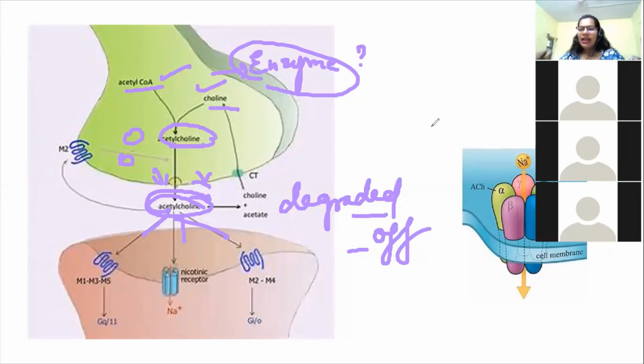Your nerve impulse needs to transfer from one neuron to another, right? Now, suppose I have acetylcholine present every time in the synaptic cleft. It will go and bind to the receptor, and the receptor will always be in the depolarized state. So it means a continuous impulse will be given.